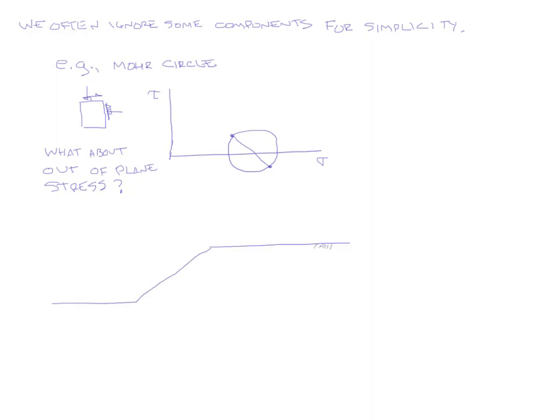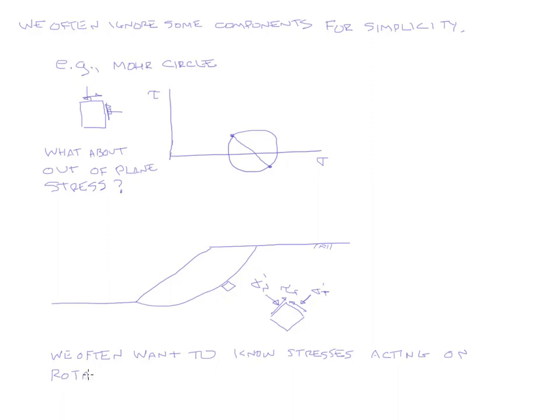All right, another issue that we have to deal with is that we often know stresses on certain planes, typically vertical and horizontal, but we want to know what the stresses are that are acting on some rotated planes. Good example is this slope stability problem here. So if we want to understand what is the shear stress on the failure plane at failure for a slope, we're going to want to rotate the stress condition from vertical horizontal over to some coordinate system that's relative to the slip surface.